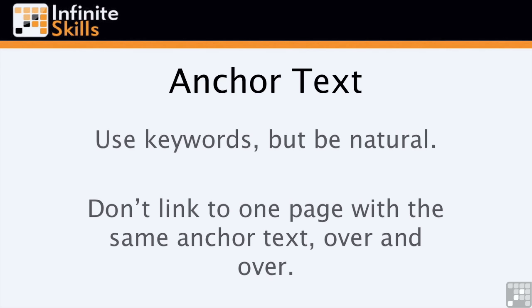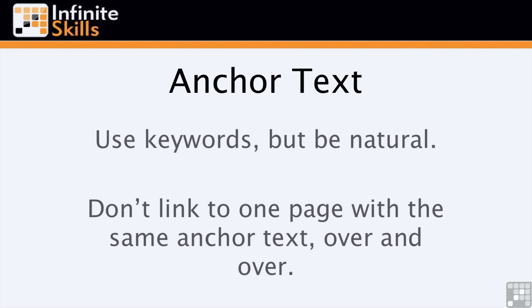In April of 2012, they released an update called Google Penguin, and Google Penguin actually targets blog owners that link to pages with overly optimized anchor text. So if your internal links have too many keywords in them, they feel like you're stuffing them, like you're trying to game the system a little bit. So they started to penalize folks a little bit for doing that.